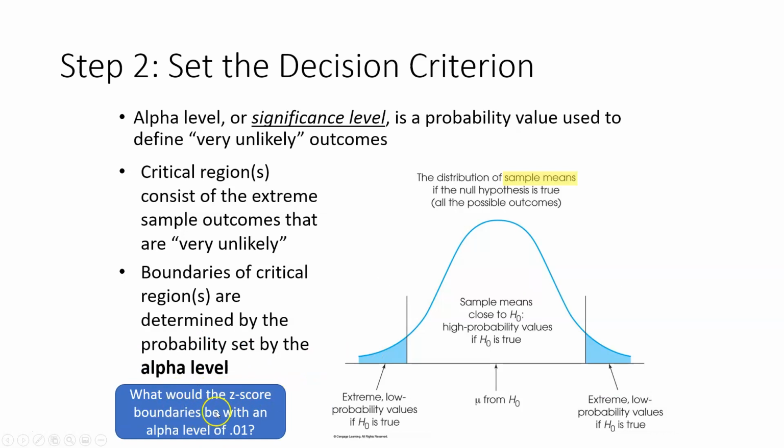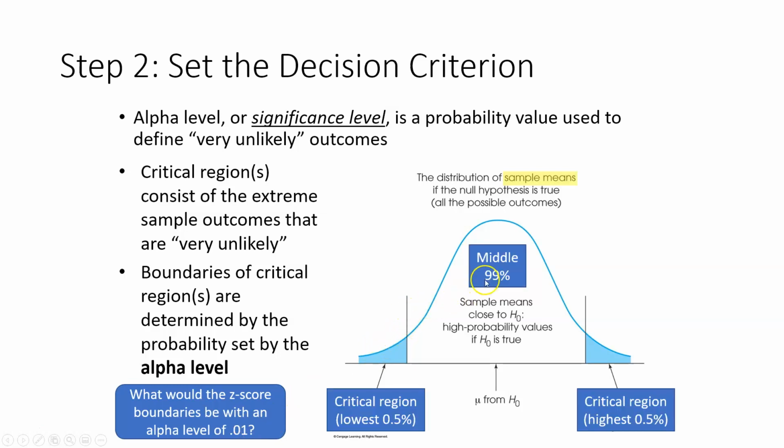What would the z-score boundaries be with an alpha level of 0.01? Again, if we're looking for the middle 99%, we're separating the 0.01 into the lowest 0.5% and the highest 0.5%.